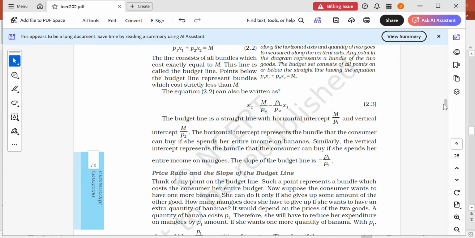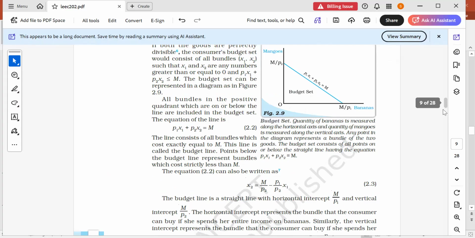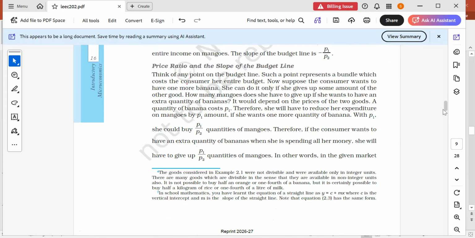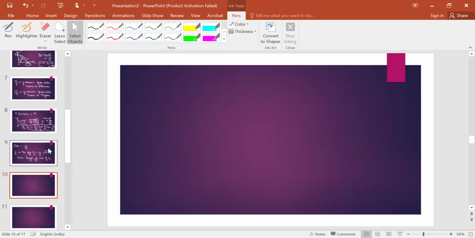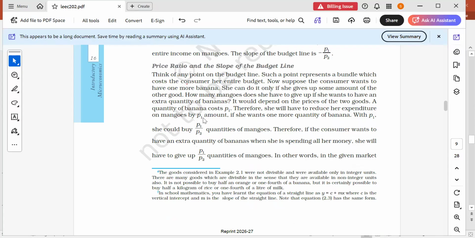The vertical intercept represents a bundle that the consumer can buy if she spends her entire income on mangoes. The slope of the budget line is minus P1 by P2. One more quantity of bananas costs P1, therefore she will have to reduce her expenditure on mangoes by P1 amount if she wants one more banana.